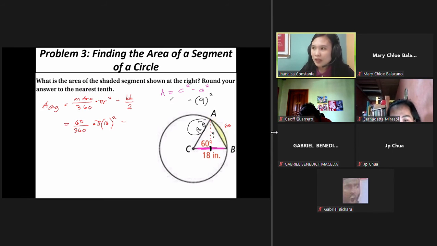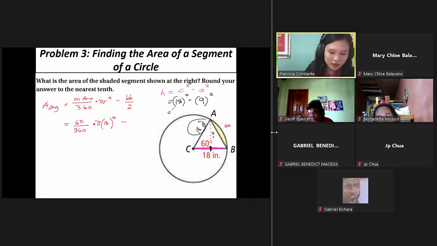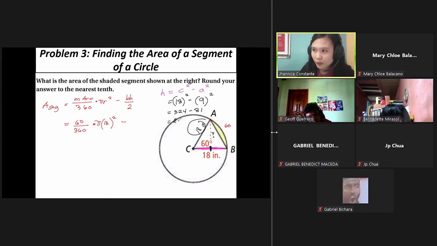We have 18, so 18 squared equals 324, minus 9 squared, which is equal to 81. So 324 minus 81 is equal to 243.